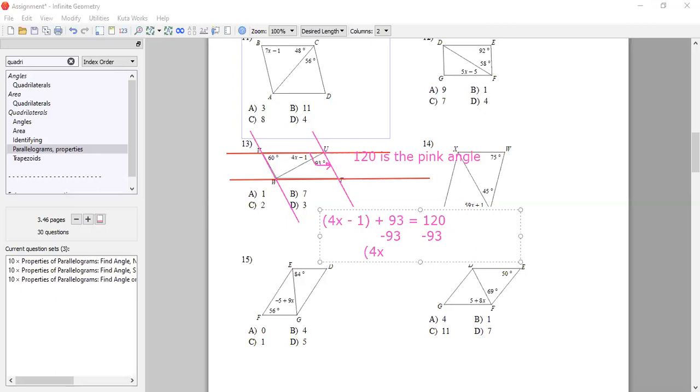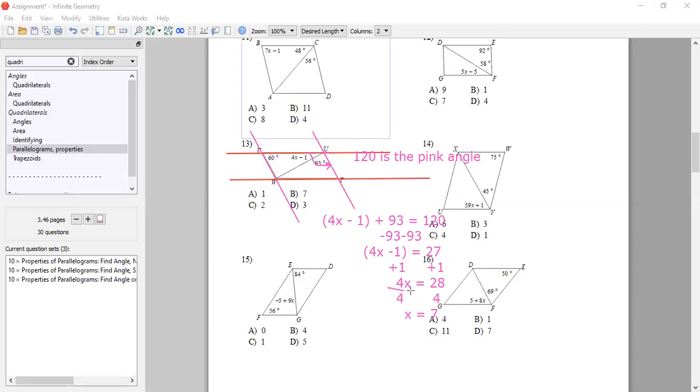So 4x minus 1 equals 27. Then we're going to add 1 to both sides. Those parentheses don't mean anything anymore because there's nothing happening on the outside. So 4x equals 28. We're going to divide both sides by 4. x equals 7.